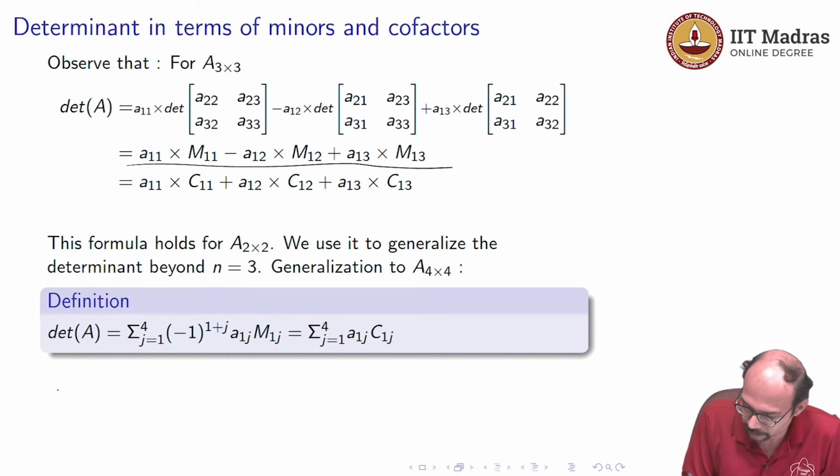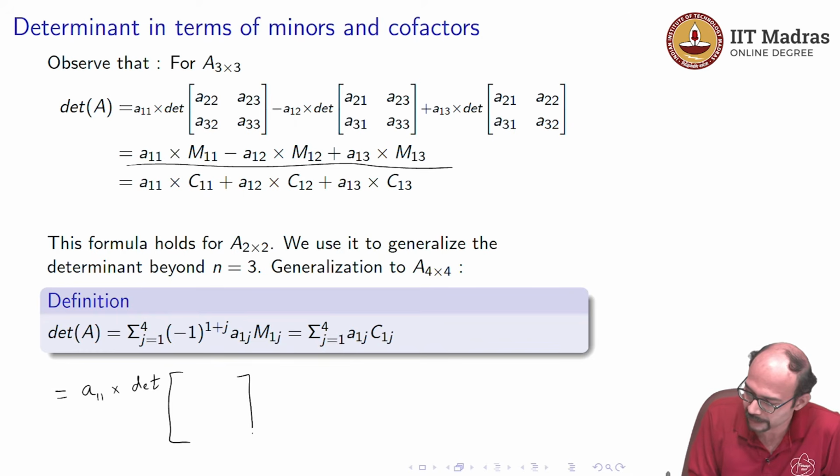So, what does this mean? This means that the determinant, for a 4 by 4 matrix, is a 1 1 times the determinant of whatever you get after dropping the first row and the first column.